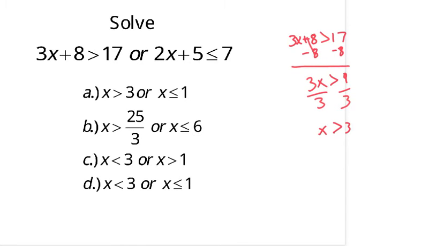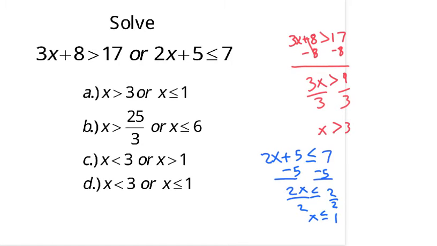And then for the other part, we have 2x plus 5 is less than or equal to 7. Subtract 5 from both sides. We end up with 2x is less than or equal to 2. Divide both sides by 2, and x is less than or equal to 1. So what we need is something that says that x is less than or equal to 1, or x is greater than 3. And A says exactly that.